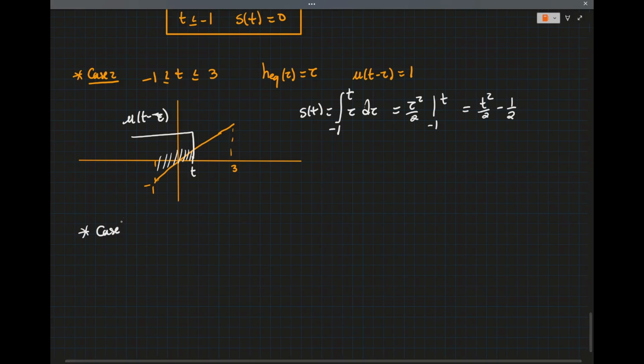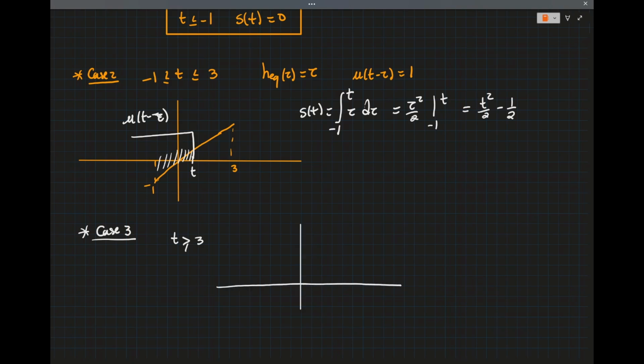So case 3. For case 3, when t is bigger than or equal to 3, what do we have? We have the overlap for the two graphs. So we have this graph and this graph.